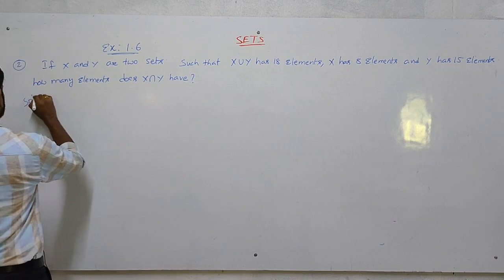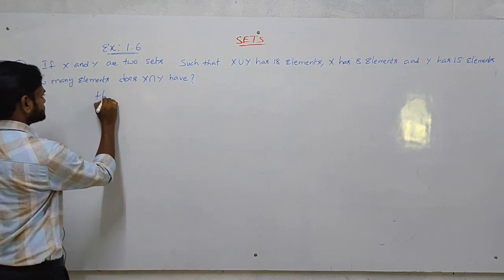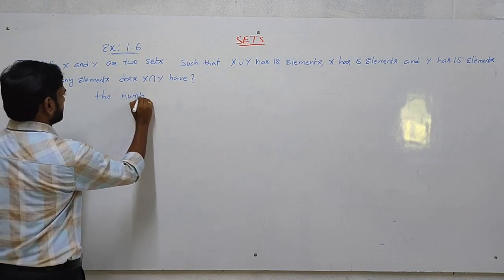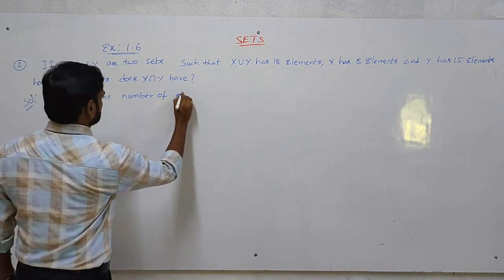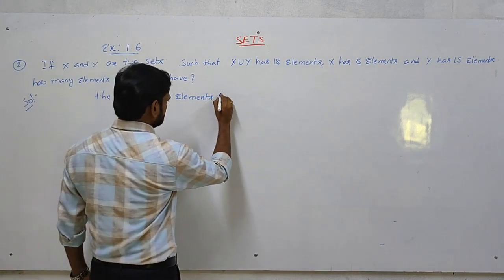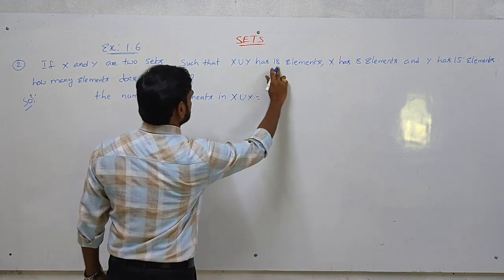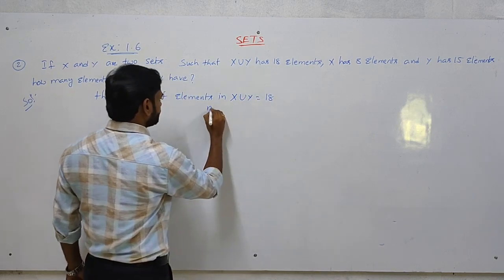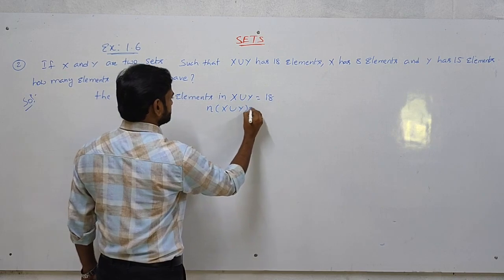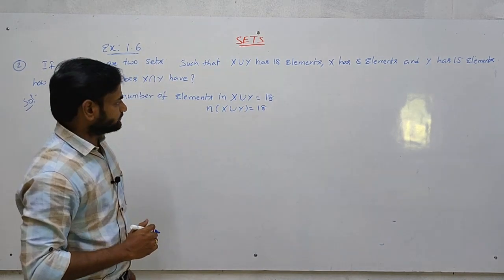So, first I'm writing here what is given. The number of elements in x union y is 18. That is n of x union y, that is 18.